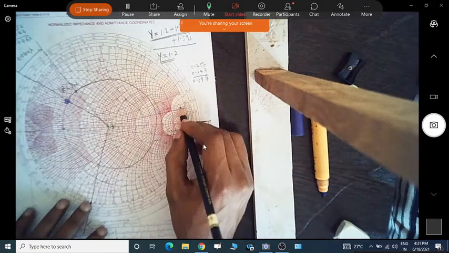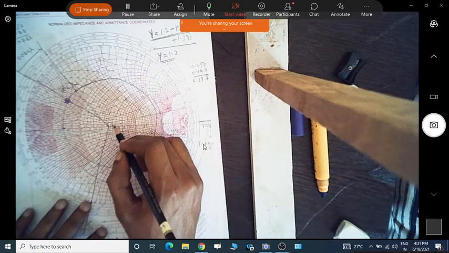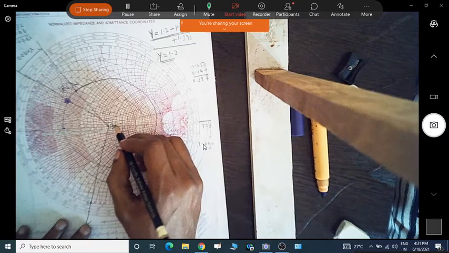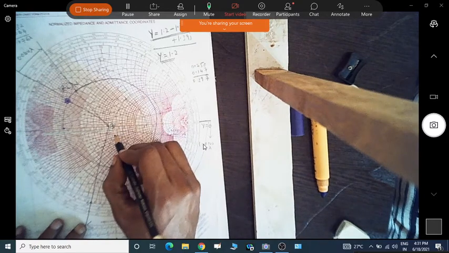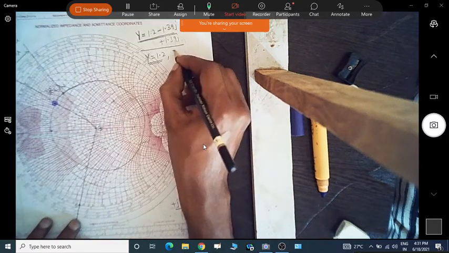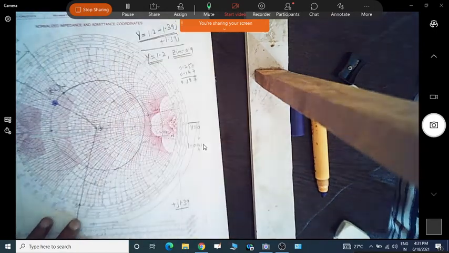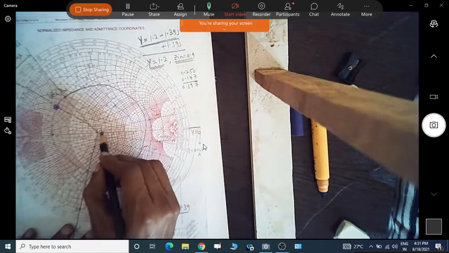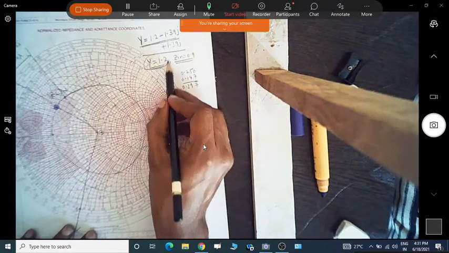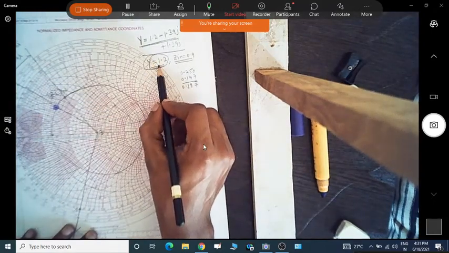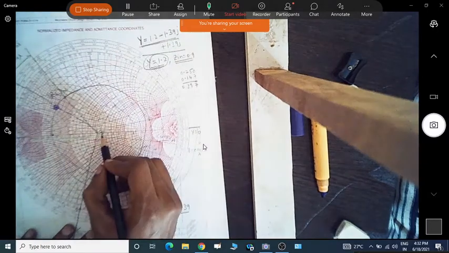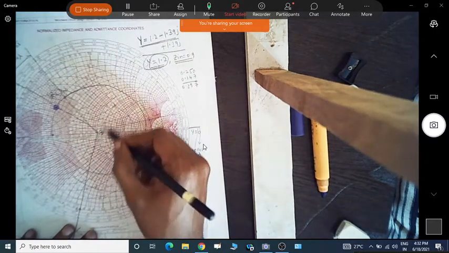Now similarly, if I read the value on the Smith chart at this point, you will get the impedance value which is equal to 0.9. That is the input impedance. At the same point, wherever we get the admittance value, read the impedance value, in the resistance circle, how much it is there.